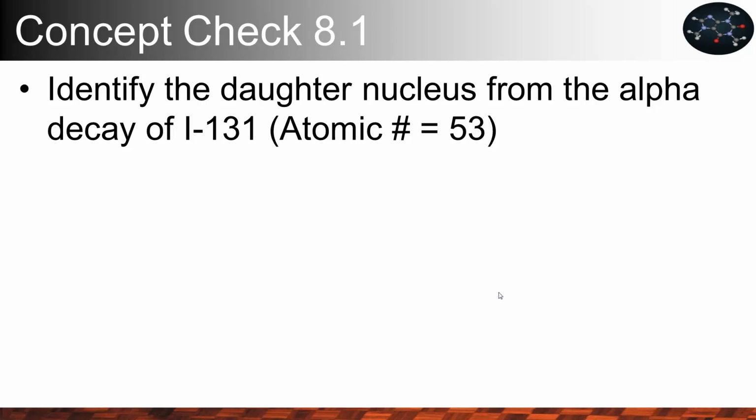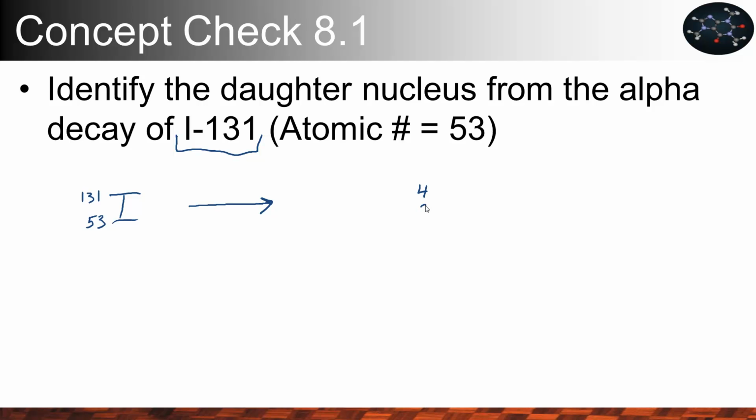So we can look at iodine, for instance, decaying. And iodine 131 means that's its total atomic mass number. If we look at the periodic table, we can see iodine has 53 protons. It's atomic number 53. So if it's going to undergo alpha decay, we draw an arrow.